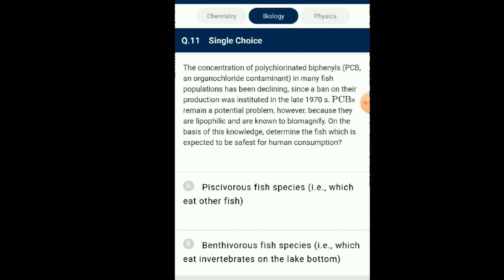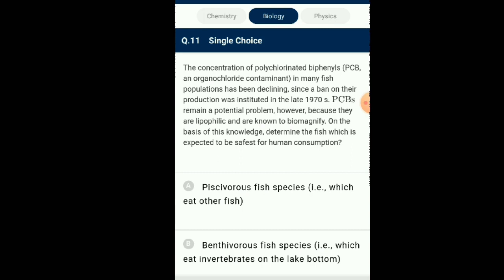The phenomenon is known as biomagnification, which refers to an increase in the concentration of toxic substances at successive trophic levels in an aquatic food chain. This occurs because a poisonous substance which can neither be metabolized nor excreted is accumulated by an organism and is thus passed on to the next higher trophic level in its original form.